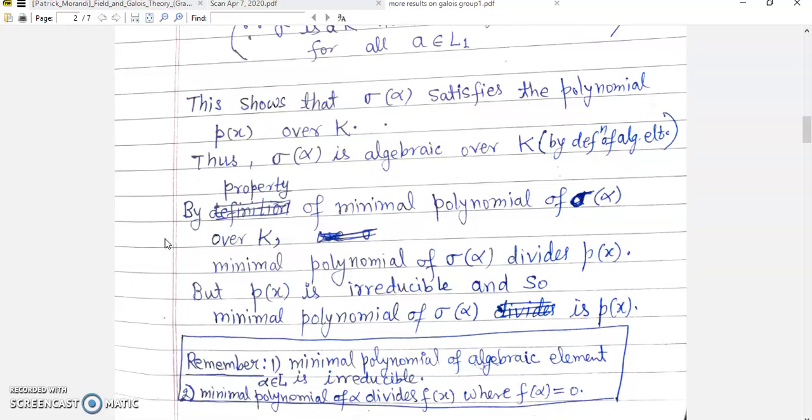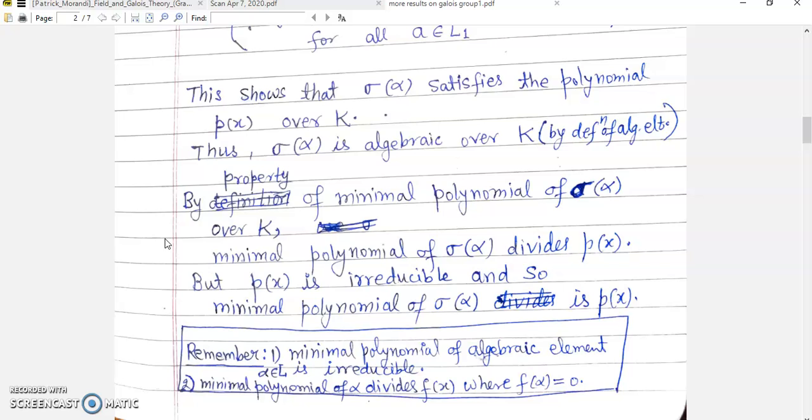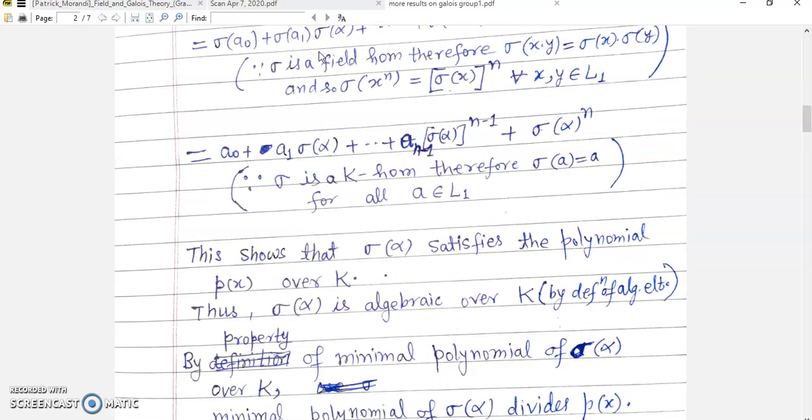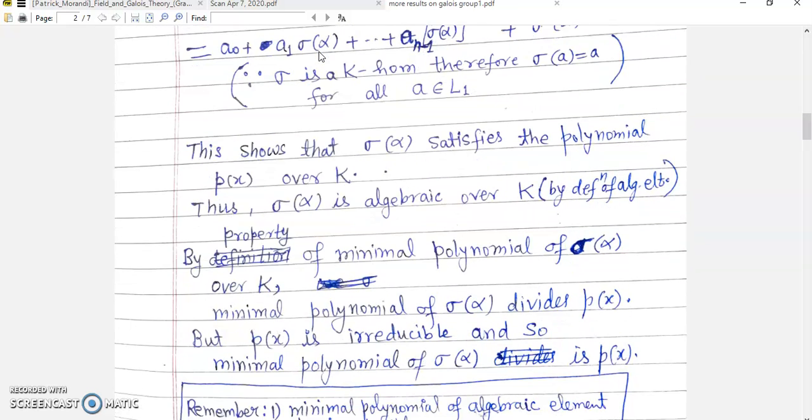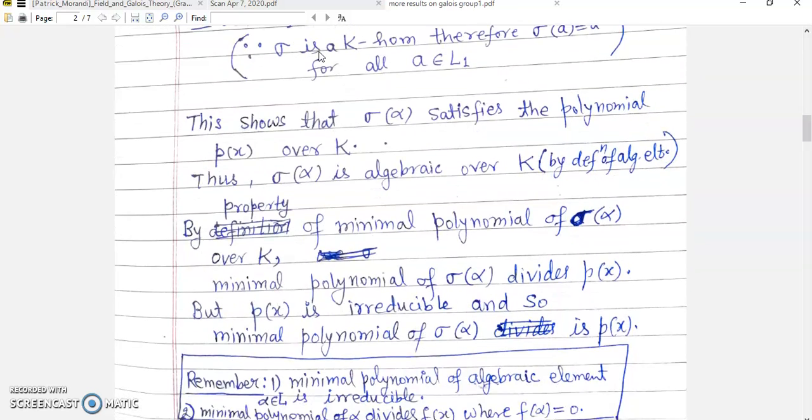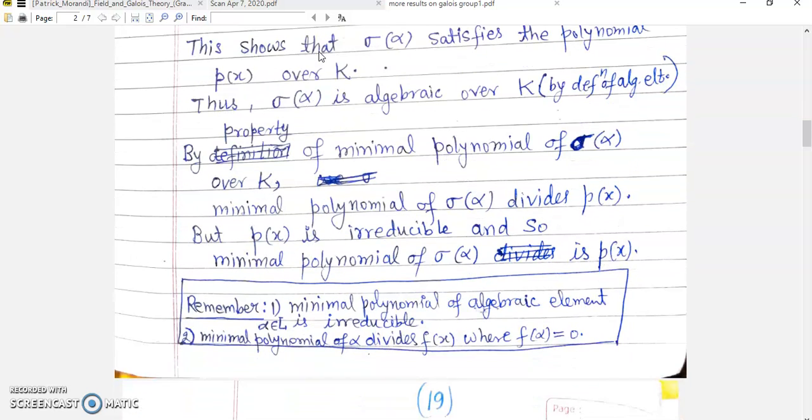But note that every minimal polynomial is irreducible. And also remember that the minimal polynomial of an algebraic element divides any polynomial fx which is satisfied by that algebraic element. So here Px is a polynomial satisfied by sigma alpha. Therefore, the minimal polynomial of sigma alpha divides Px.